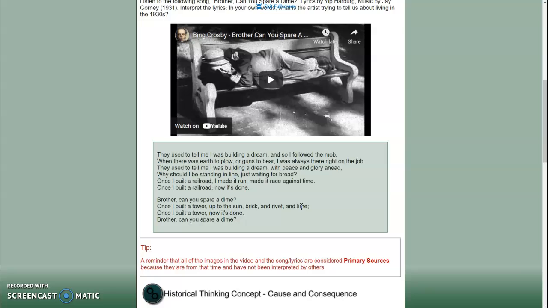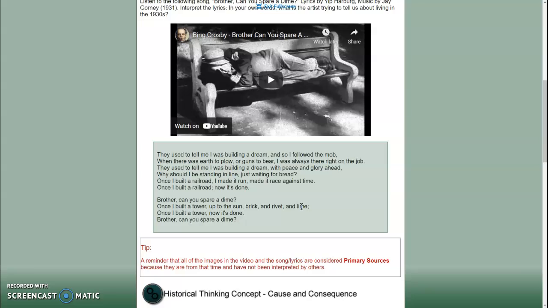But essentially, this is a song from the time, and we're trying to think about what it means about living in the 30s. So right off the bat, these are primary resources. Any of the pictures found in this video are primary resources because they are using photos from that time.